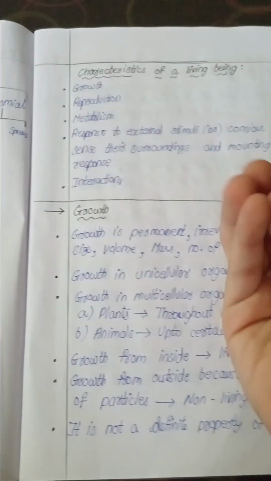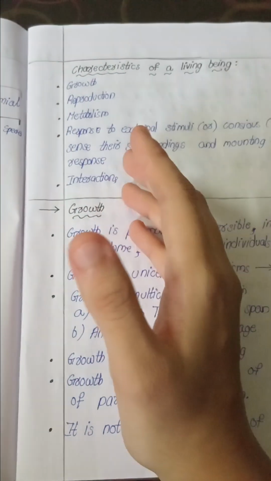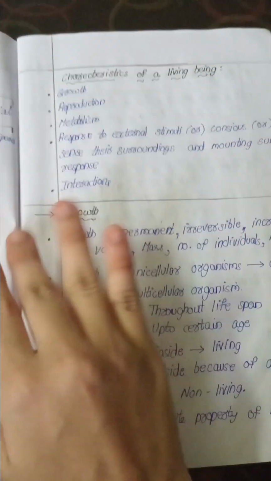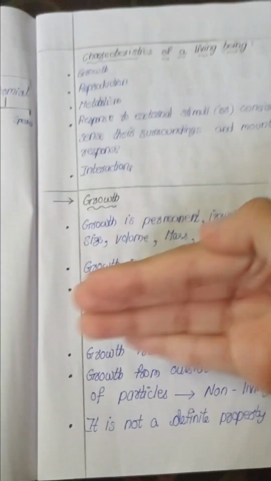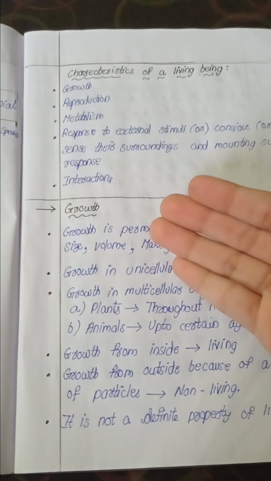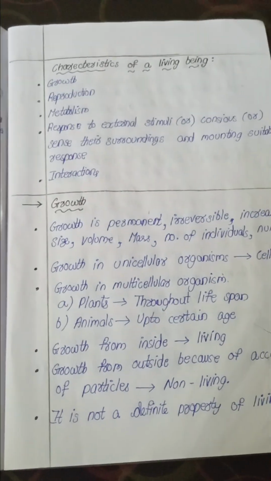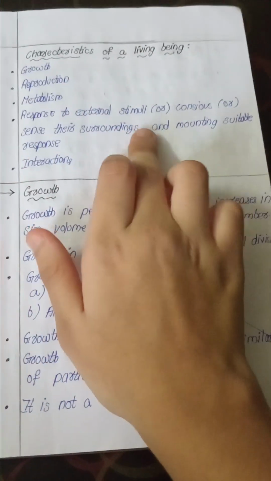Or if you touch a hot item, you'll immediately pull your hand back, because you know that the item is hot and might harm you. So this is the response to external stimuli. If someone calls out your name, you'll respond immediately. If someone calls me Srinika, yes, I'll immediately respond. That is called response to external stimuli.